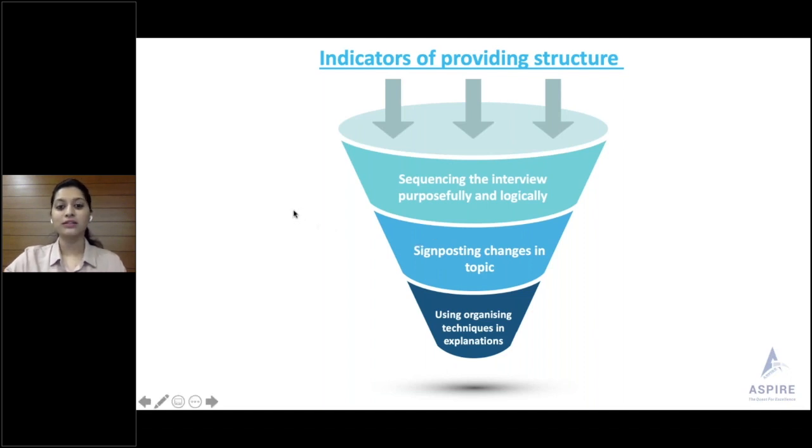So what is the indicator for providing structure? Sequencing the interview purposefully and logically. This is very important because this is one of the major things that they assess you on. It is the responsibility of the healthcare professional to maintain a logical sequence.